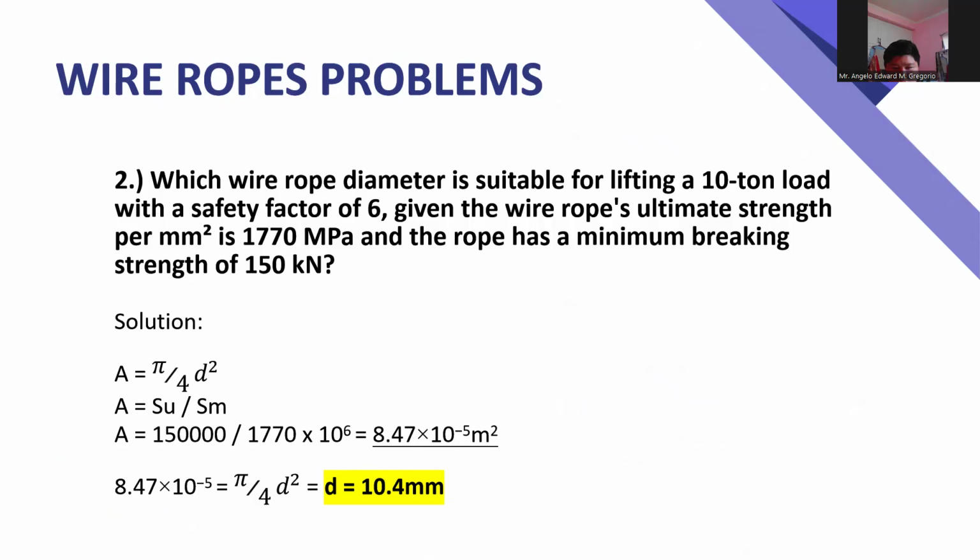So Su over Sm is equal to 15,000 divided by 1,770 times 10 raised to 6. So it will equal 8.47 times 10 raised to negative 5 meters squared. So the area is equal to pi over 4 d squared and the D is going to equal 10.4 millimeters.